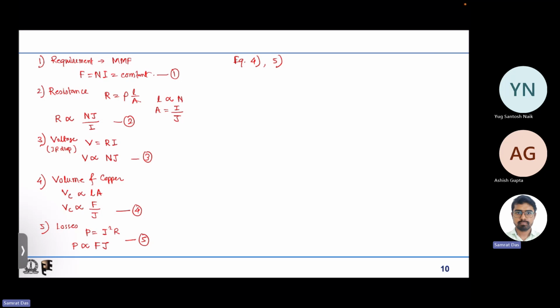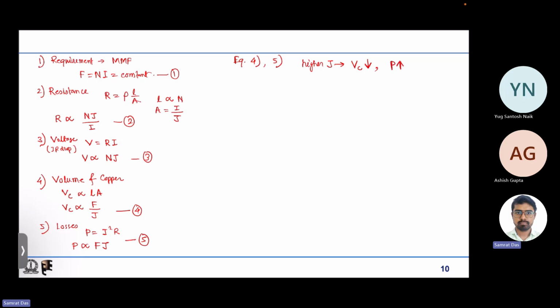So if we go for higher J, then our copper requirement, the volume of copper that is required, will come down. But equation 5 tells you that for the same MMF requirement, if we use higher current density, that is higher J, then P will actually go up.